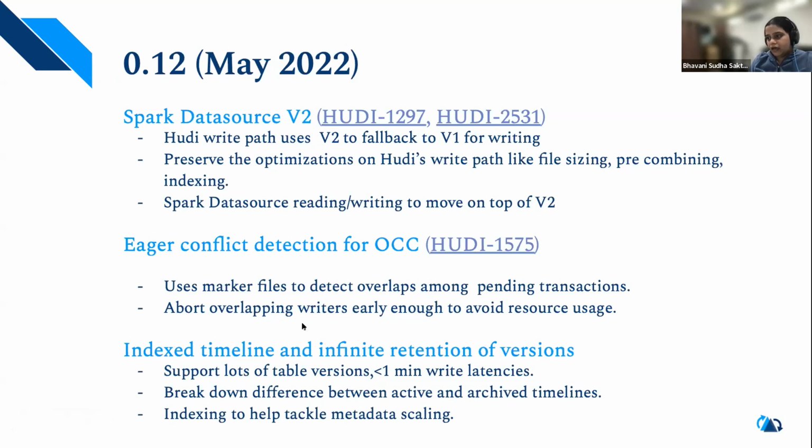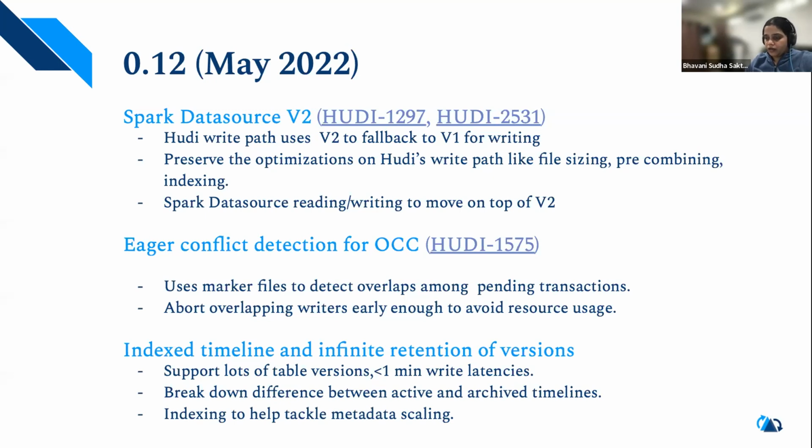And then we have index timeline and infinite retention of versions. Right now, the Hudi timeline goes through aggressive cleaning and archival, so we can bound the amount of data in the timeline. This is done for bounding lookup issues and also for making sure that we don't unboundedly grow the timeline data.